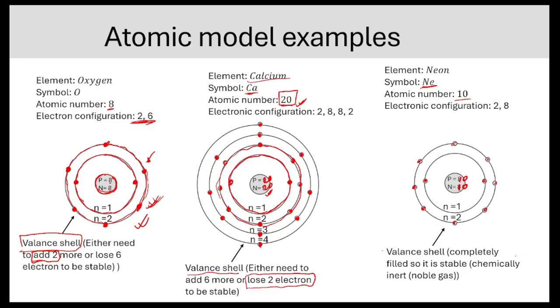The maximum number of electrons in the second orbit can be 8, and if you count these electrons here, we have 8 electrons, so we can say it's completely filled. This kind of element with a completely filled valence shell is chemically inert, and we generally call them inert gases or noble gases.